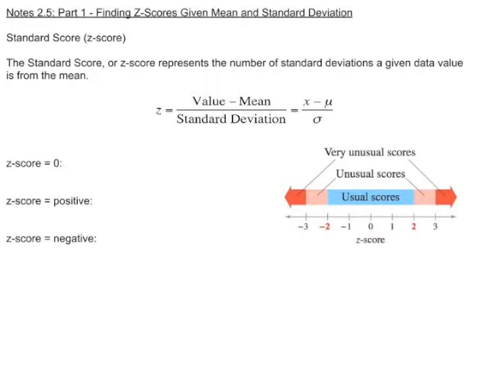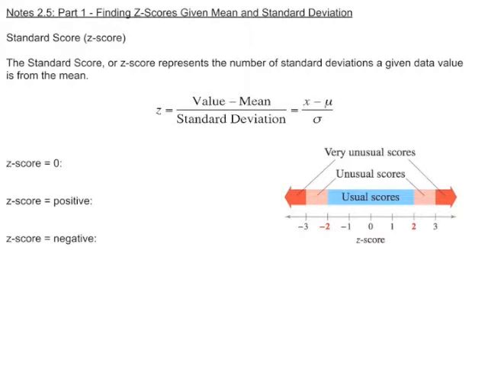Looking at the standard score, or I'll commonly call them z-scores, they represent the number of standard deviations that a given value is from the mean. So now we sort of use standard deviations, and we set up this ruler that we can change for different data sets. The increments on this ruler are the standard deviations of that specific data set.